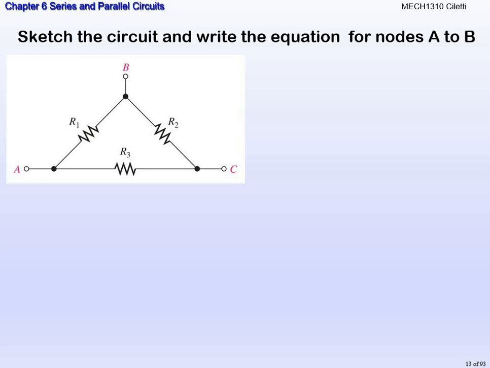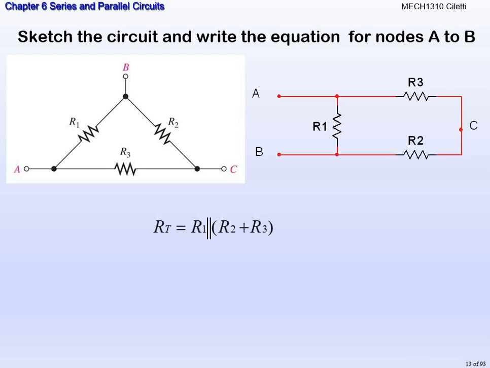So we're going to write the equation for the nodes if we were looking only at terminals A and B, so the perspective from A and B. This is why it's very important that you understand how to redraw this circuit. If you can understand how to draw this circuit, then you can really grasp what's going on here. The perspective of AB, if we redraw this circuit, is going to look like this.